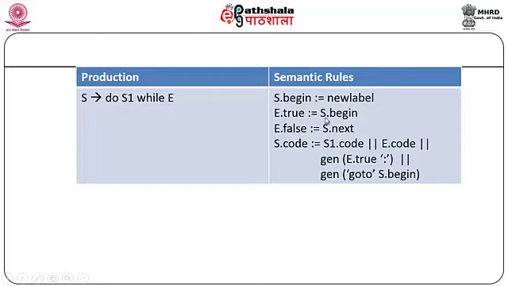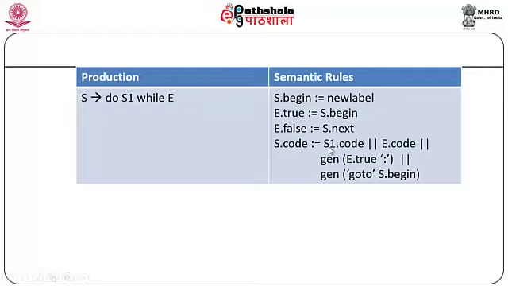You do not know the expression at all, so you cannot create E.true as a new label, but S.begin could be a new label, and you assign E.true as S.begin, and E.false as S.next. That is, once the expression is false, I have to come down.